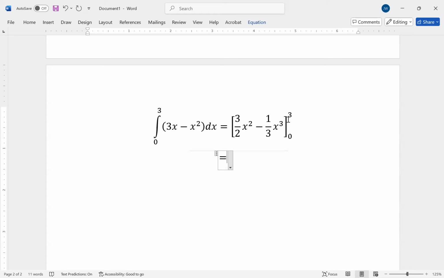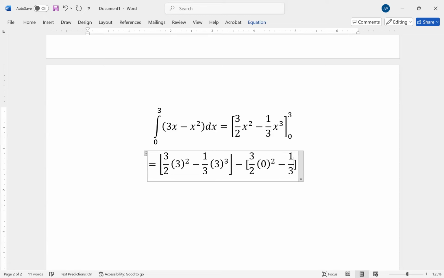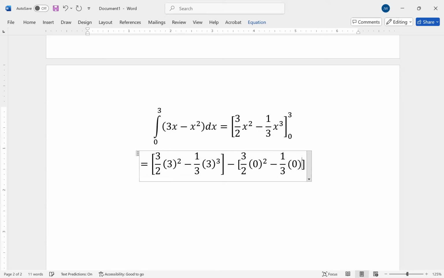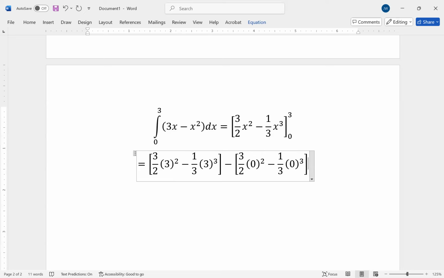If I plug in 3, all I have to do is take 3/2 times 3 squared minus 1/3 times 3 to the third. That's what I'll get, whatever I get when I plug that in. And then when I plug in 0, that's 3/2 times 0 squared minus 1/3 times 0 to the third. It's often nice to plug in 0 into a polynomial.